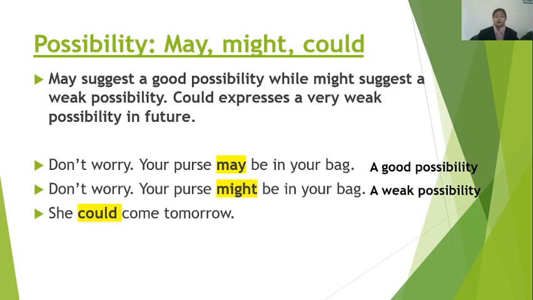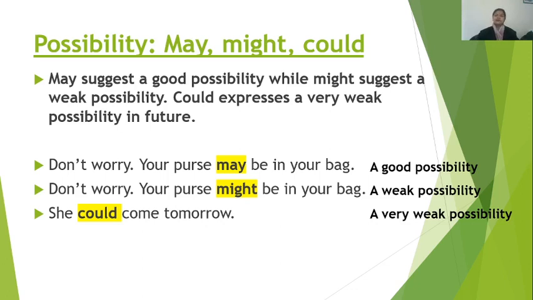Now, could is used to express a very weak possibility. If the sentence is she could come tomorrow, it means that the chances of her arrival is 10 to 20% only. That means almost she is not coming. If I use could in the case of the previous sentence, like don't worry, your purse could be in your bag, what does it mean?